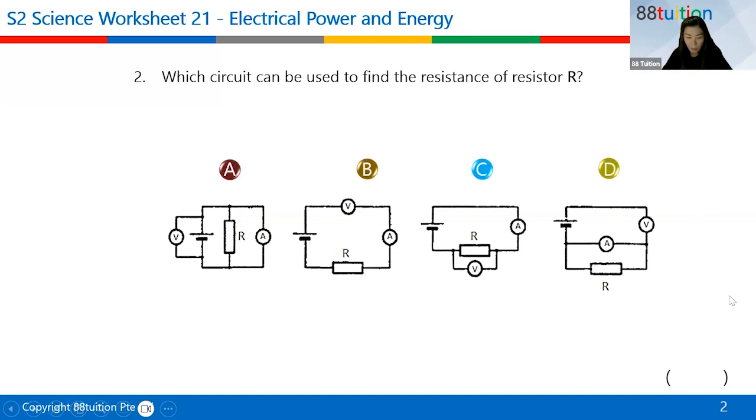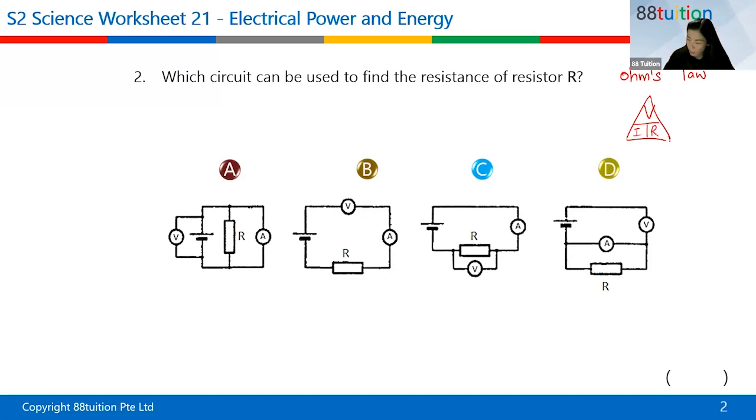Now, which circuit can be used to find the resistance of resistor R? Right, so we are actually following Ohm's law. There's a way to connect. This is the formula you're going to use.